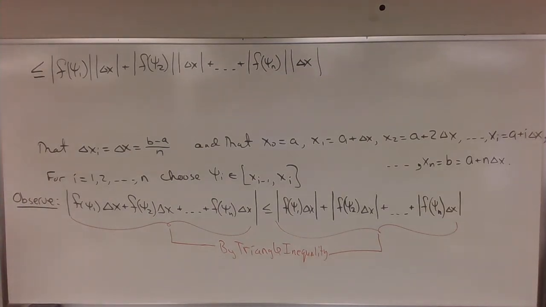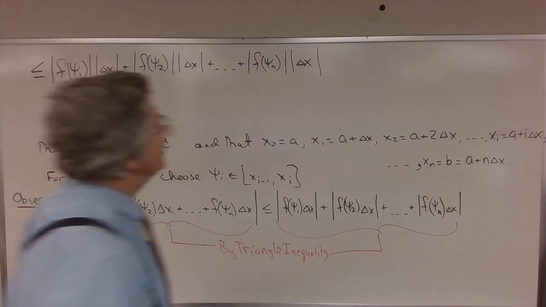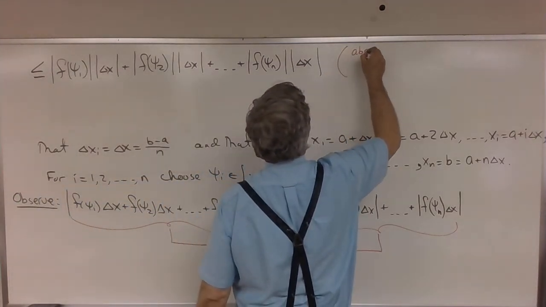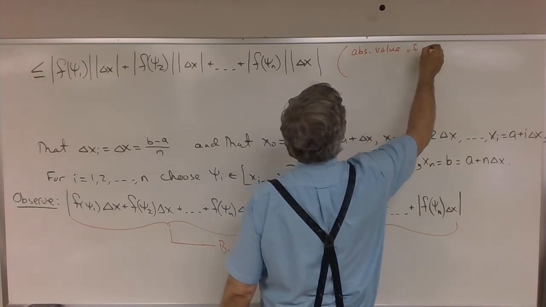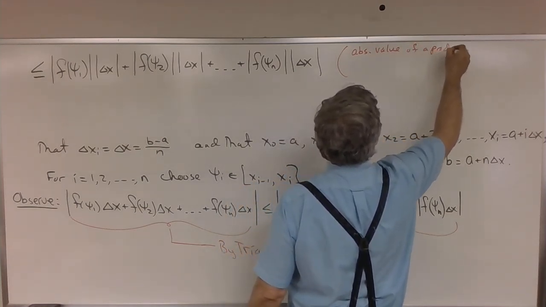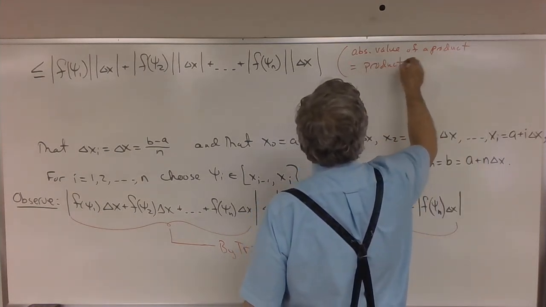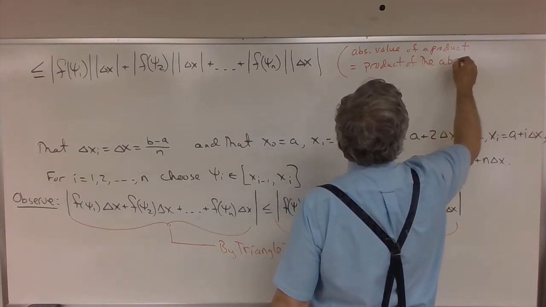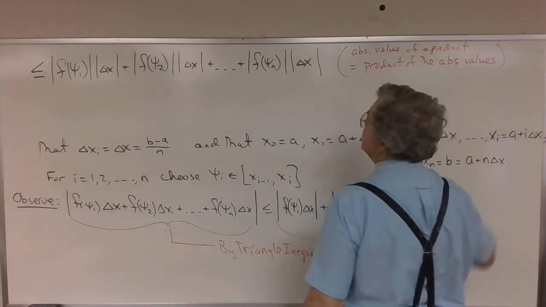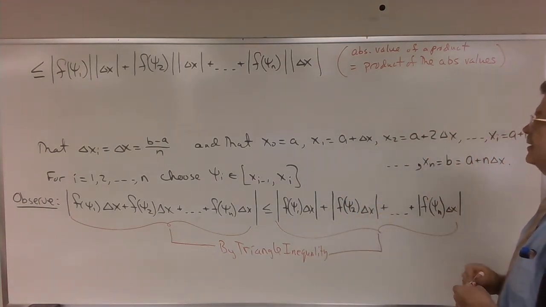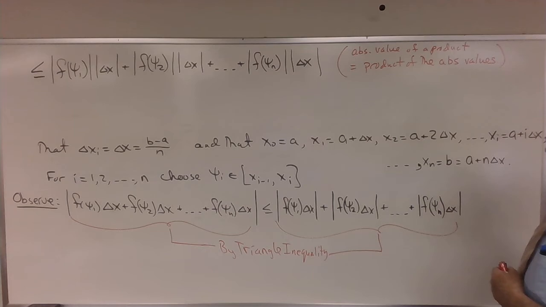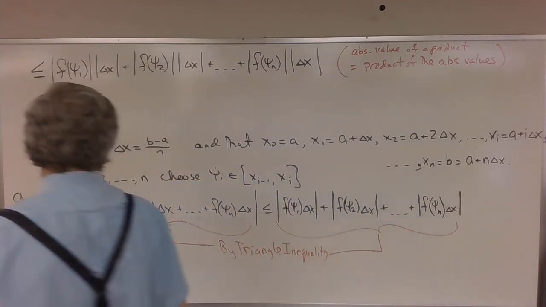And the reason for that is that the absolute value of a product equals the product of the absolute values.